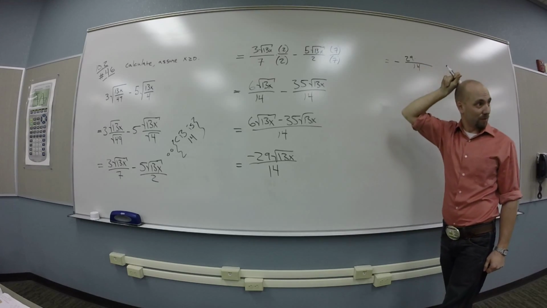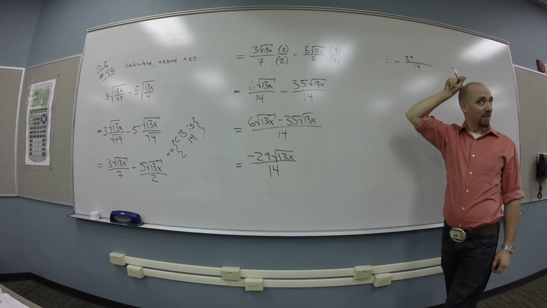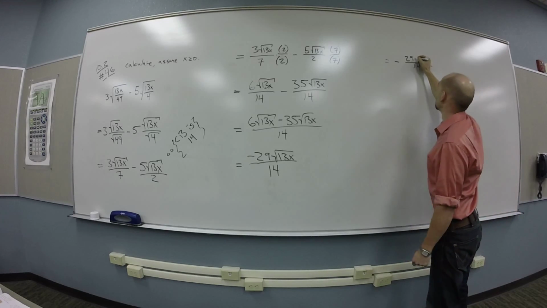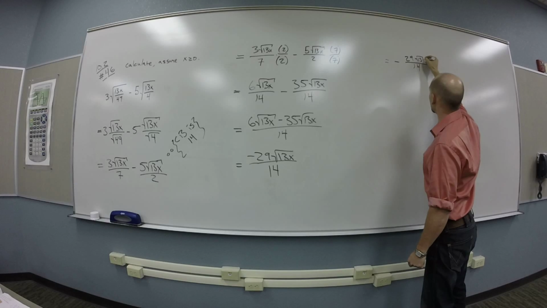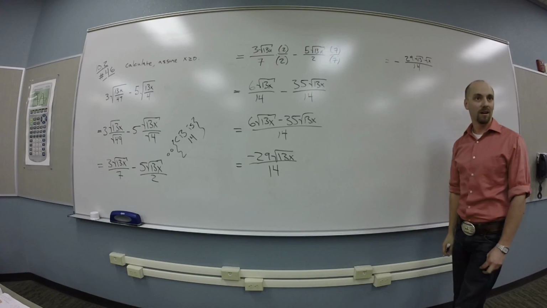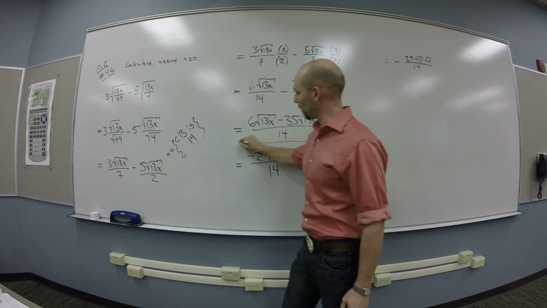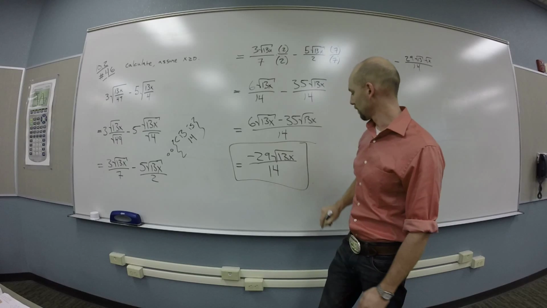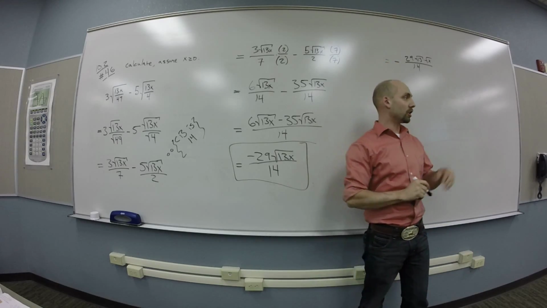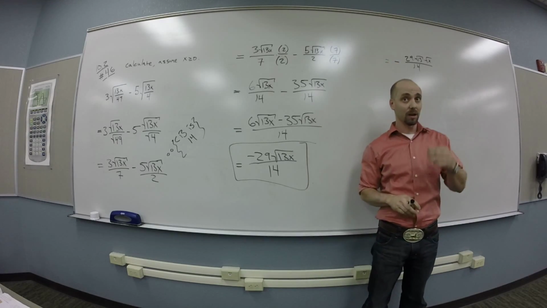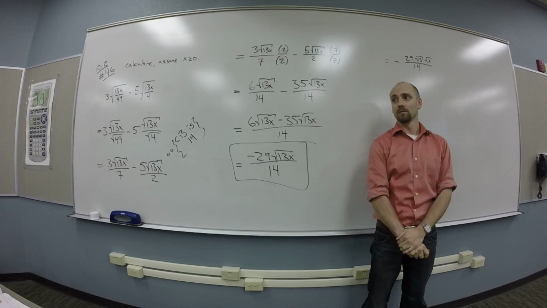How else could I break up the square root? Root 13 and then root x. Yeah, I could say this is root 13 times root x. This is not a lot better, right? So this might be an appropriate place to stop. You could go this extra step if you want to. I can't say I would really recommend it.